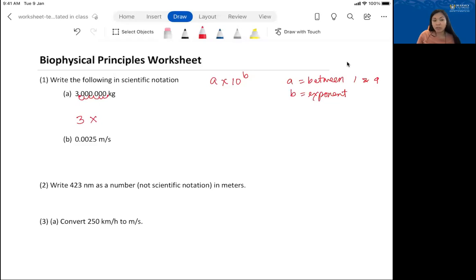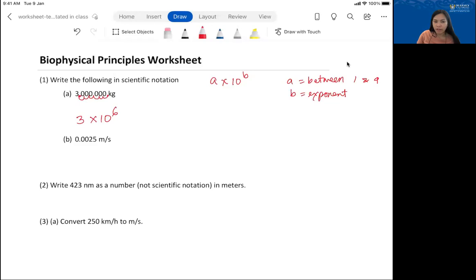Yeah, that's between 1 and 9, times 10, right? And the exponent b is the number of jumps that you made to move the decimal point. So here you made 1, 2, 3, 4, 5, 6 jumps.